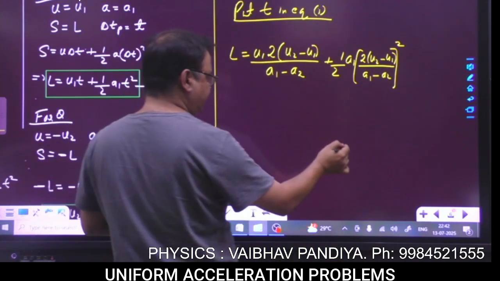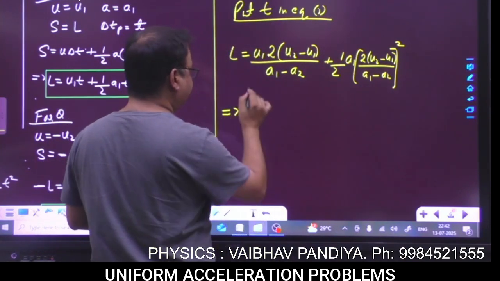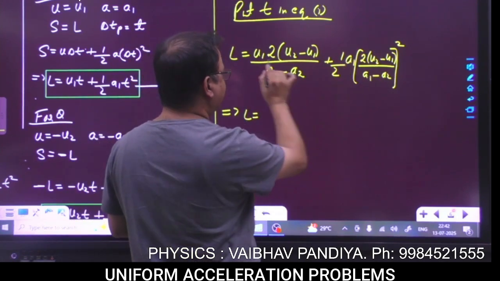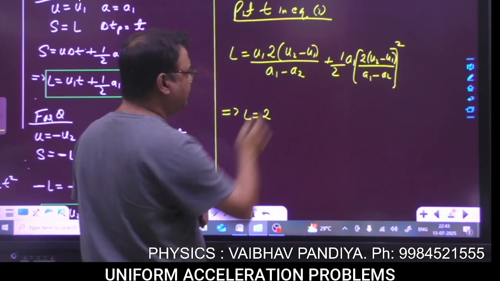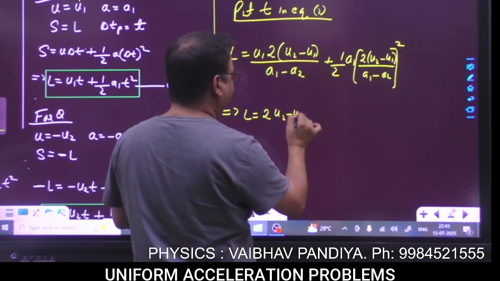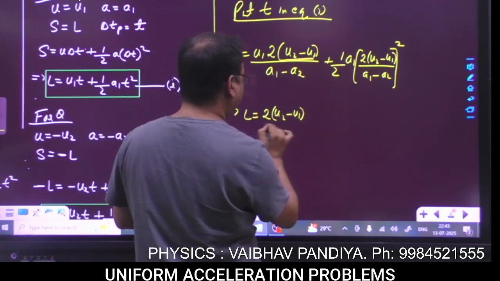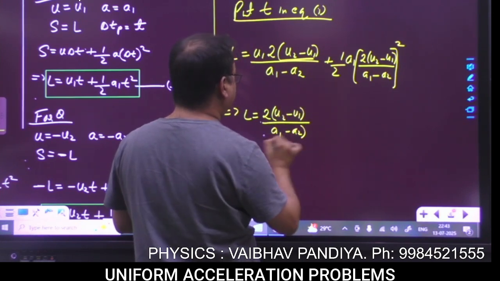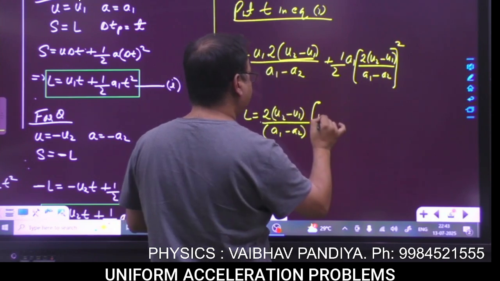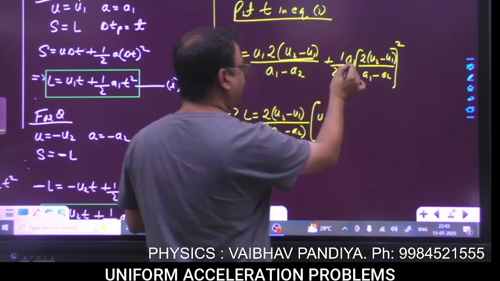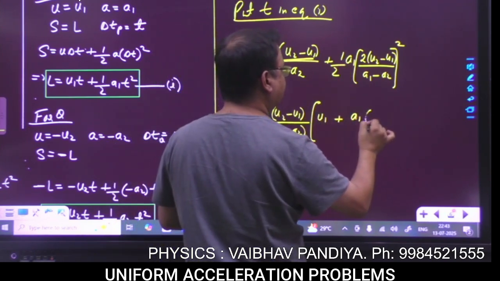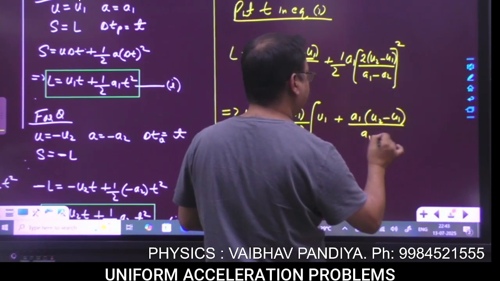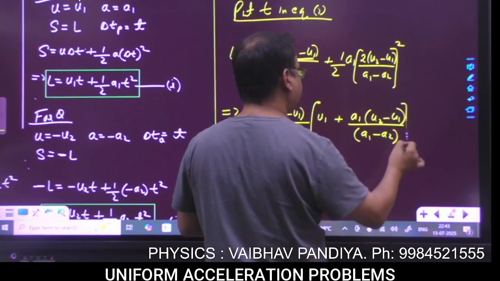To get the value of L, you will see this will be 2 square, 4, divided by 2 will be 2, so 2 I can take common. I can take U2 minus U1 also as a common factor, it is present in both the terms, and then I can take A1 minus A2 as another common factor. Now what is left is U1 plus A1 multiplied by (U2 minus U1) divided by (A1 minus A2), correct?